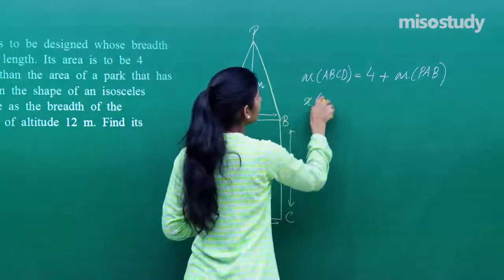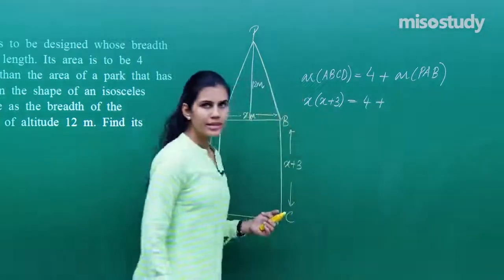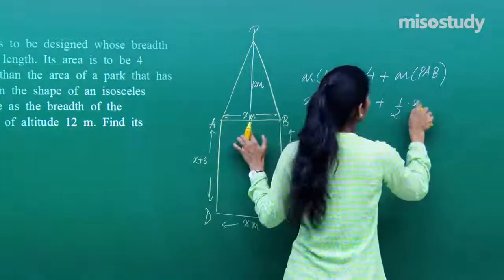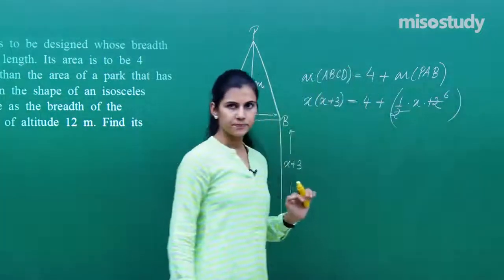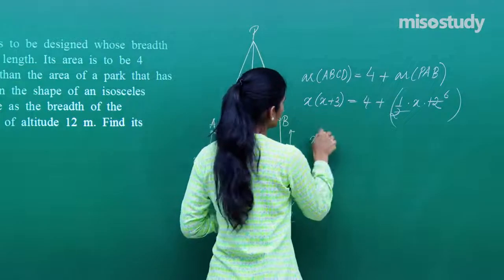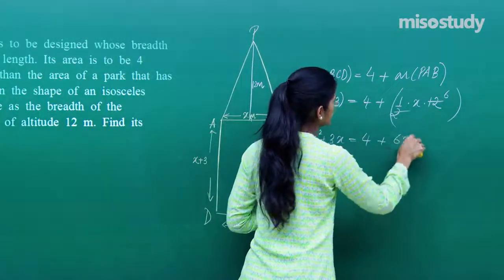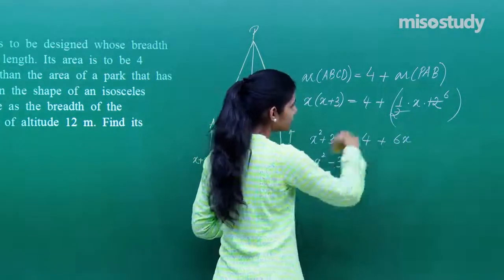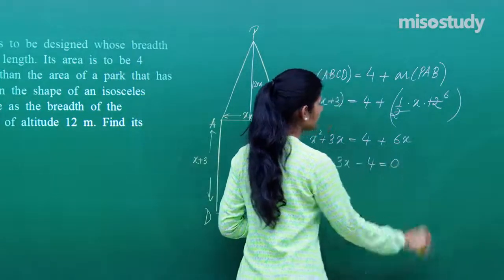So it is x into x plus 3 equals 4 plus half into base into height, which is the area of a triangle. So it is half into x into 12. Let's try to solve this. This is x square plus 3x equals 4 plus 6x. So x square minus 3x minus 4 equals 0.